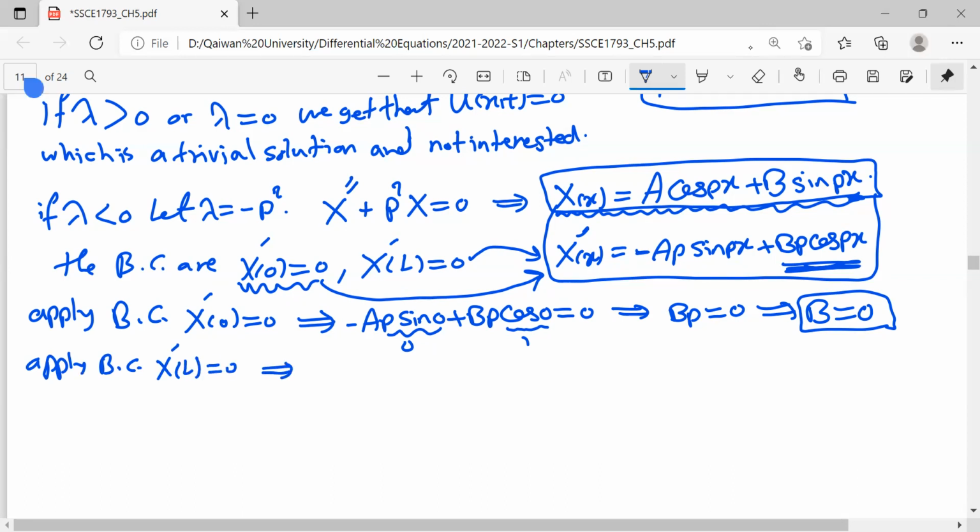So we get minus a p sine pL equals 0. A must not be 0, because if it's 0, you don't get any non-trivial solution. And p is a non-zero value. So sine pL must be 0. When the sine of an angle is 0, if the angle is n pi, then its sine is 0.